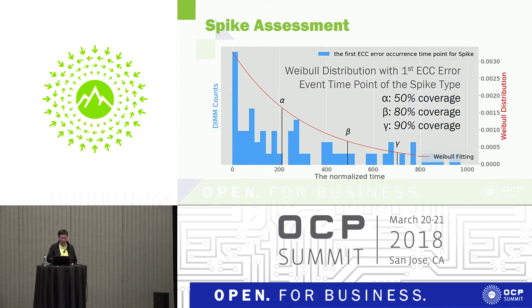So according to the graph, for the spike assessment, around 750 time units, 90% coverage will happen.